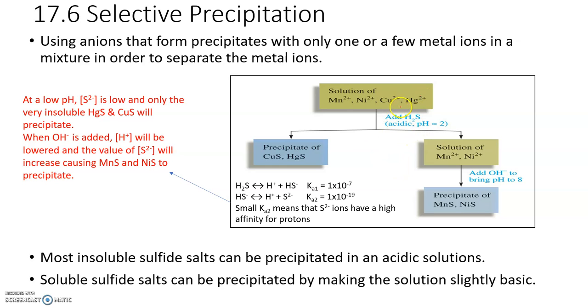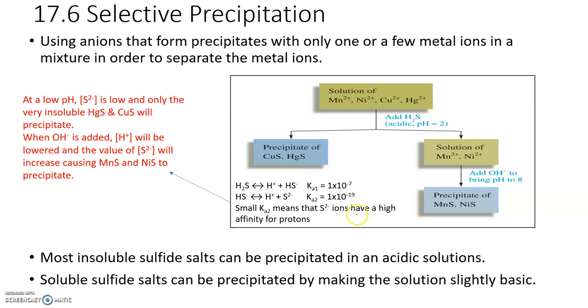And so, for example, the first step is usually to add an acid. And the reason we do that is because if you have a really low pH, which is what's going to happen when you add an acidic solution, it's going to cause the concentration of the sulfide ions to be low, and therefore only the very, very insoluble substances like copper sulfide and mercury sulfide are going to precipitate out.